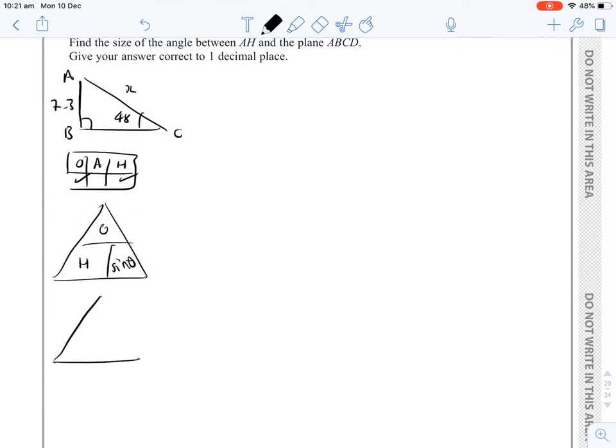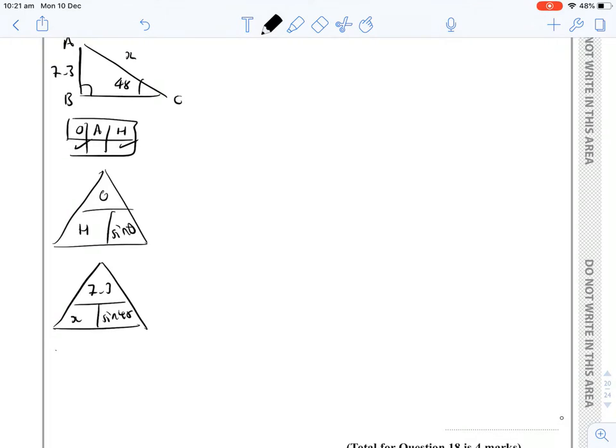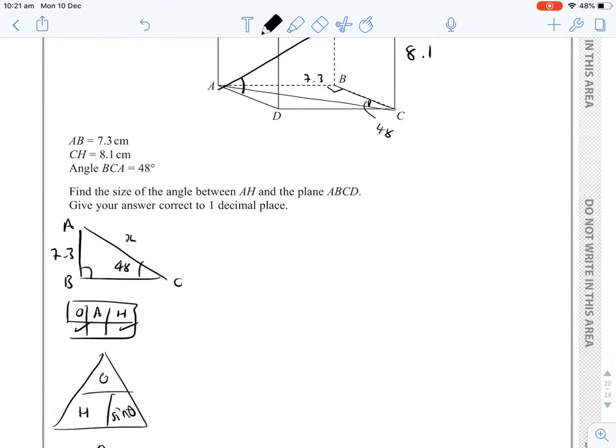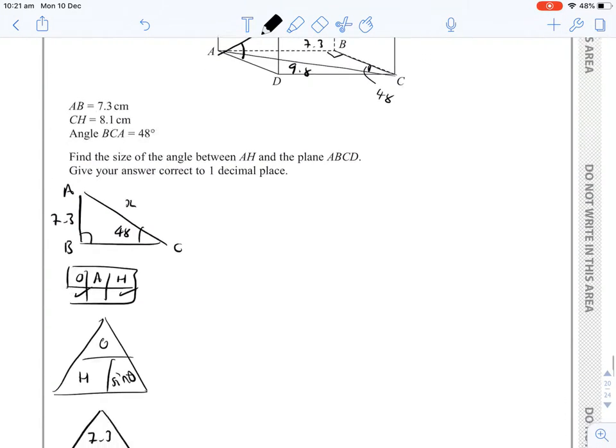Plug the values in. Instead of O we've got 7.3, instead of H we've got X, and we've got sine 48, so that tells me that X is going to be 7.3 over sine 48, and so putting that into the calculator to one decimal place we get X to be 9.8 centimeters. So that is going to be 9.8.